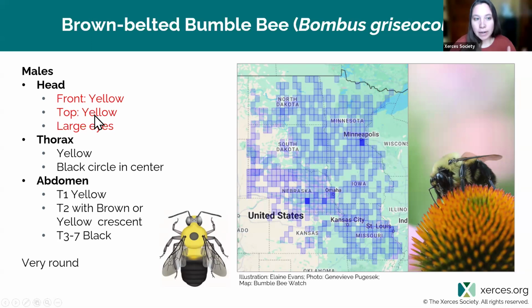They have yellow hairs on the top of their head and on the front of the face, but they also have really large eyes. So one thing to look out for when you are looking at male bumblebees is those large eyes, because that's a good cue that you're looking at a brown-belted bumblebee when you are trying to differentiate it between common eastern and two-spotted bumblebees.